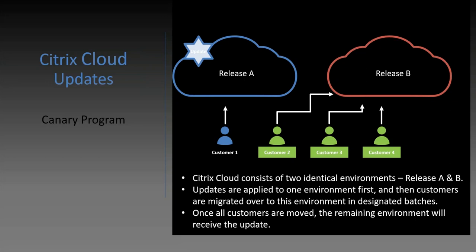So many times when you're looking at your system, if you're in the cloud, you may see a newer version that has actually been released. Currently, we're on 7.18, but 7.19 is already being rolled out within the Citrix environment. So we have 7.19 already in place.